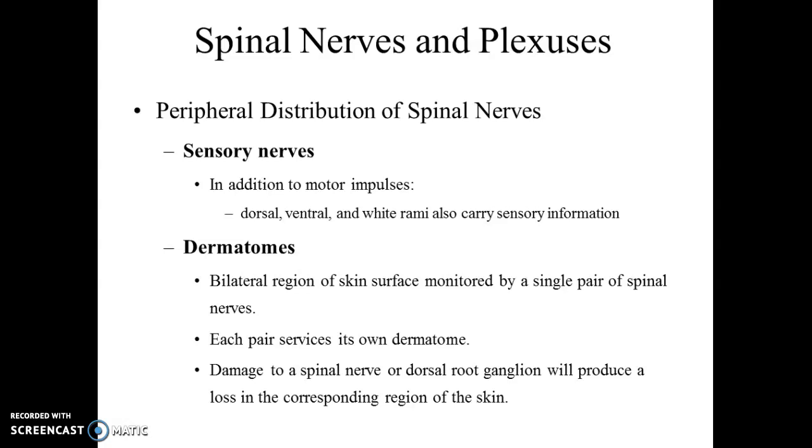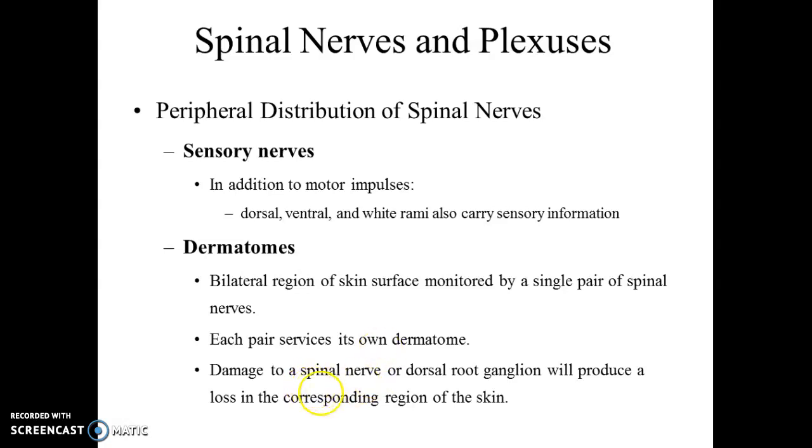now we're going to talk about the sensory nerves in your skin, bilateral areas of the skin, monitored by a single pair of spinal nerves. Each pair has its own dermatome, just like in the country, each part of the country has its own state.